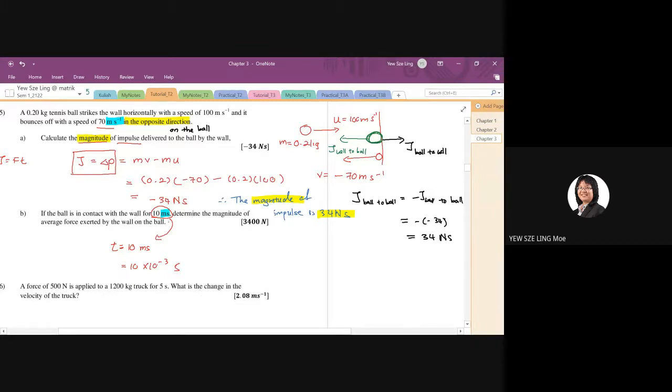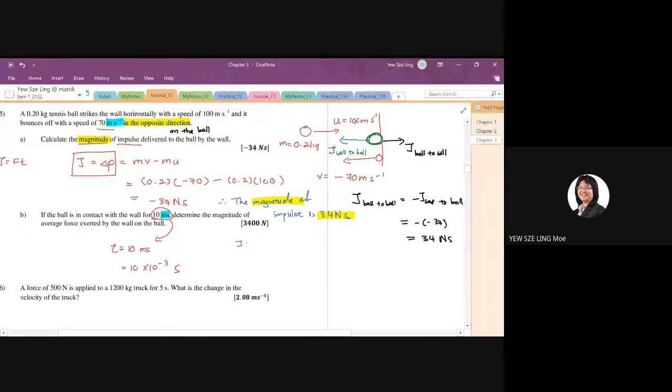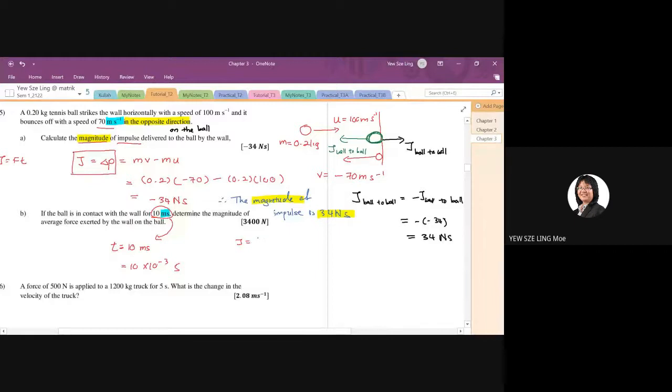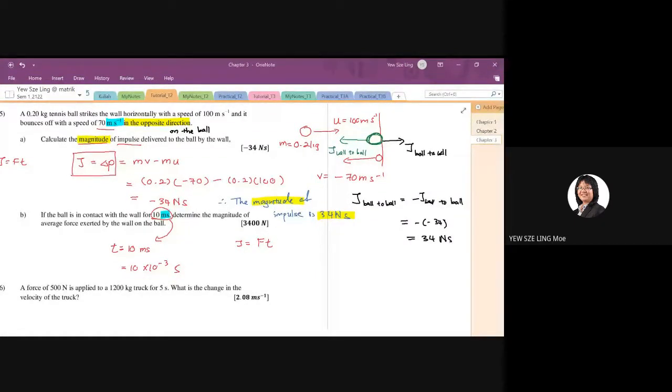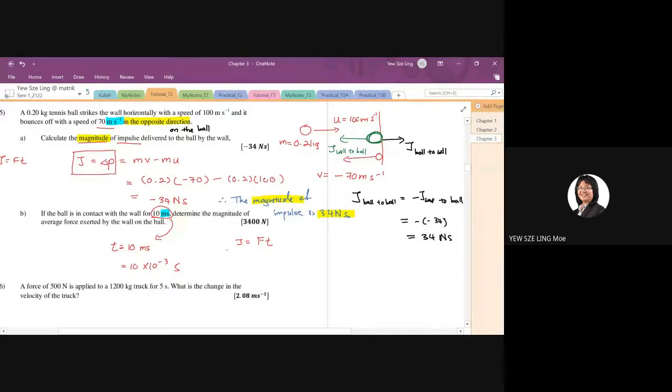So determine the magnitude of the average force exerted by the wall on the ball. Exerted by the wall on the ball. So what are you going to do again? Now let's start from J equals Ft. J equals Ft, and then J is a negative value.